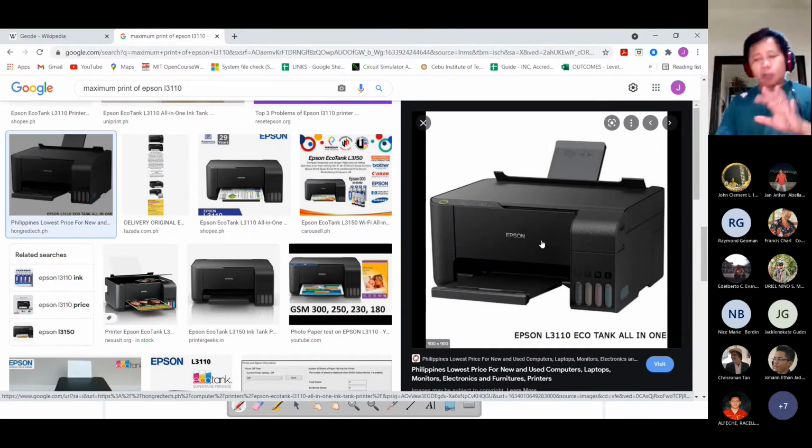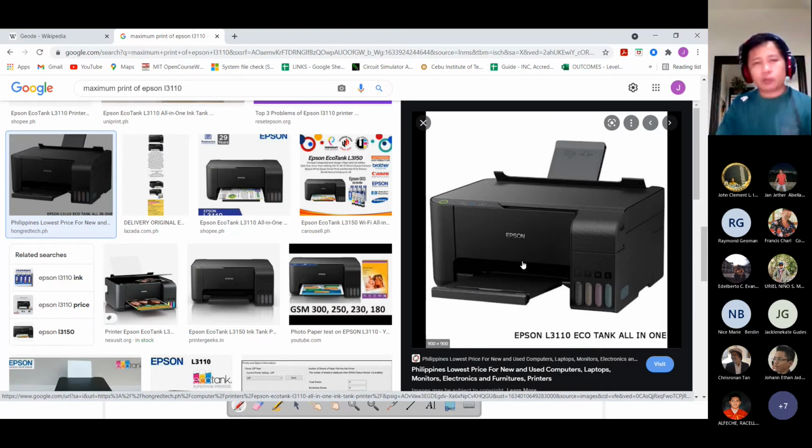So far, as I know, it's written on the box of this Epson L3110. For every full tank of ink, not just black but all colored, every full tank of colored ink can print a maximum of 4,000 colored printed papers.